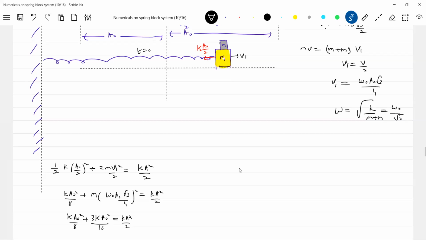Anybody, value of A? Hurry up, anybody, value of A? k gets eliminated.